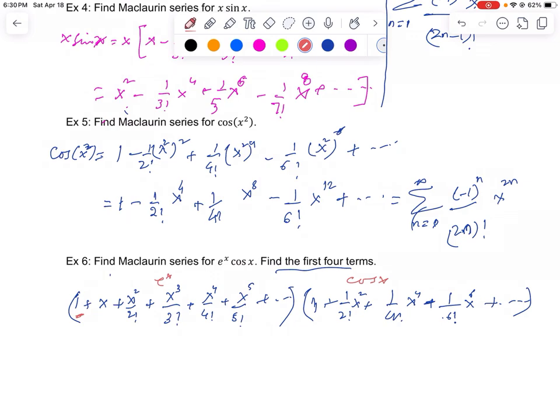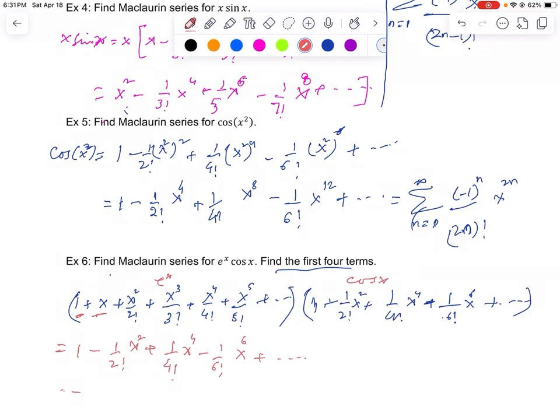So 1 into 1 is 1, so I get the terms as they are. Plus and so on, and then in the next line I'm going to take the next term in e to the x and multiply it with all the terms there.